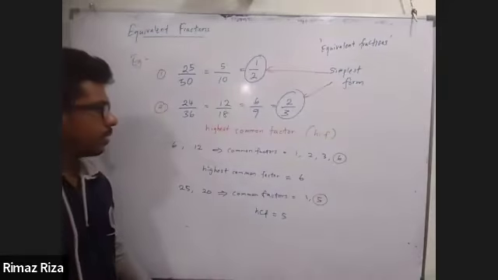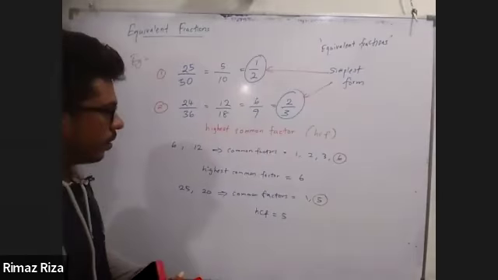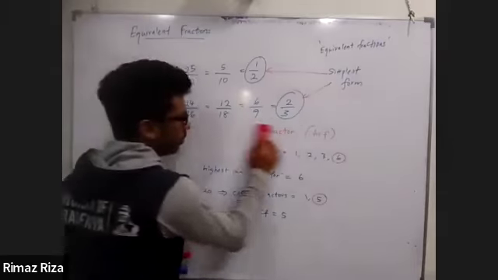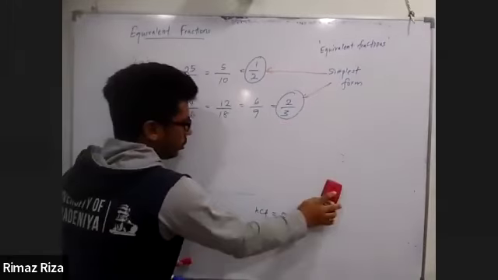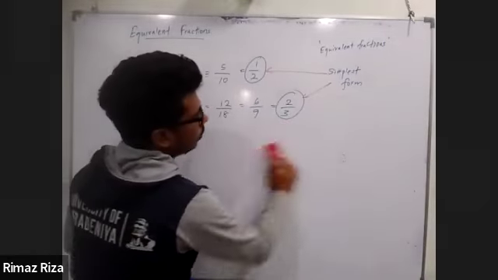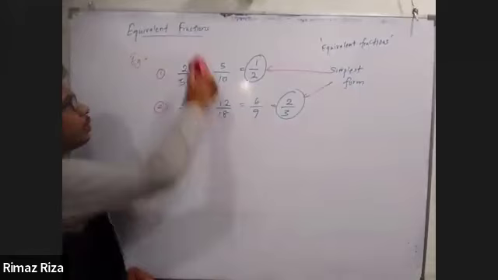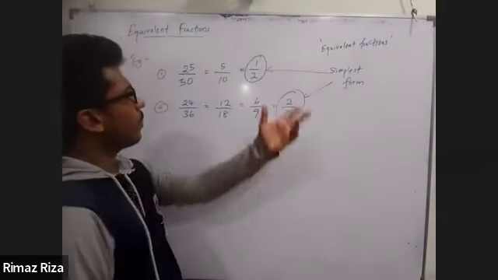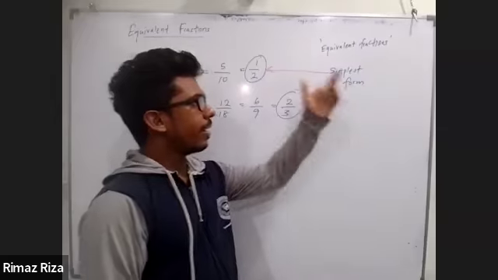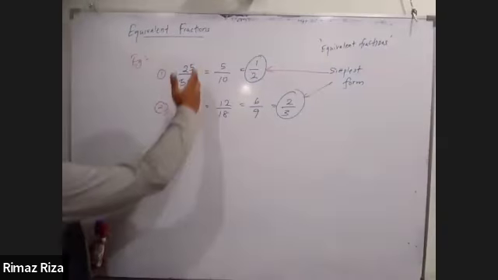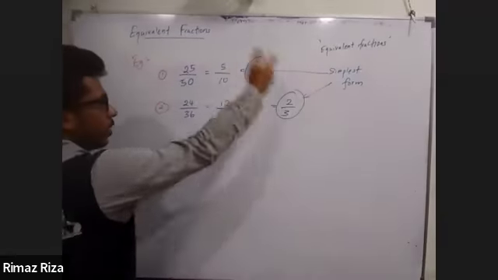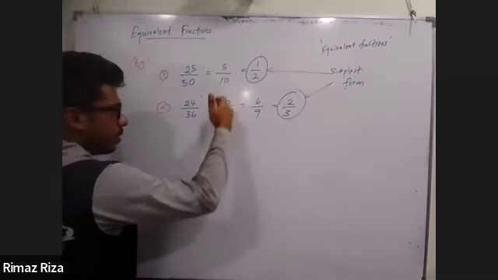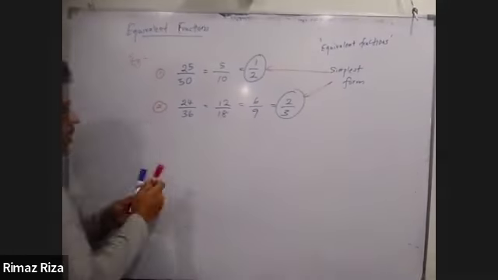Okay, so now you know what the highest common factor is. What we are learning now is equivalent fractions, and I'm going to explain how to find the simplest form. One way is to divide and divide step by step.